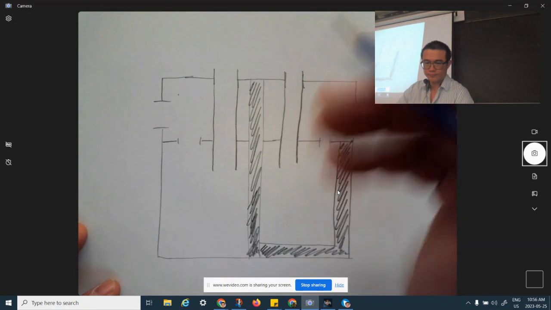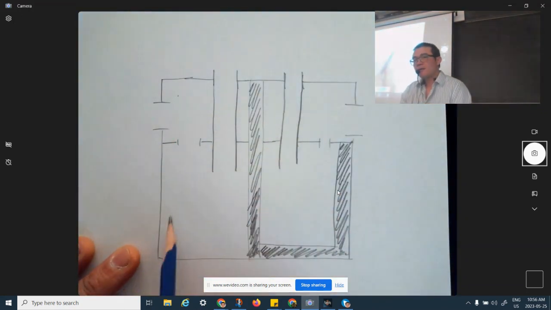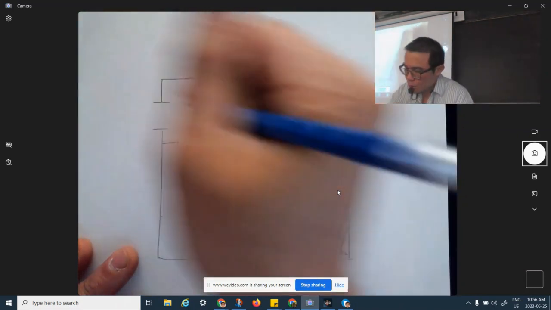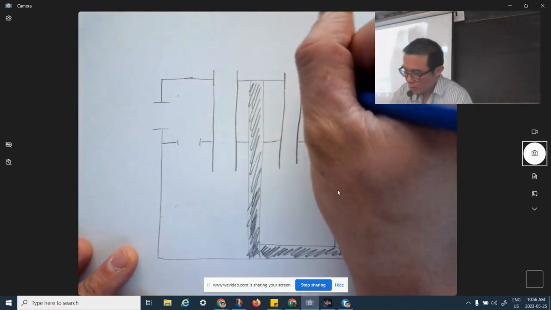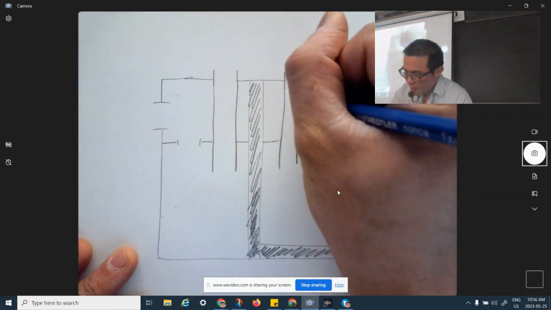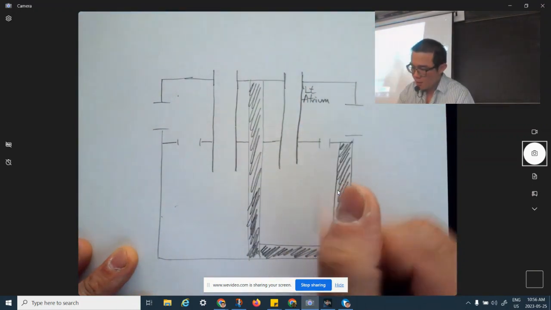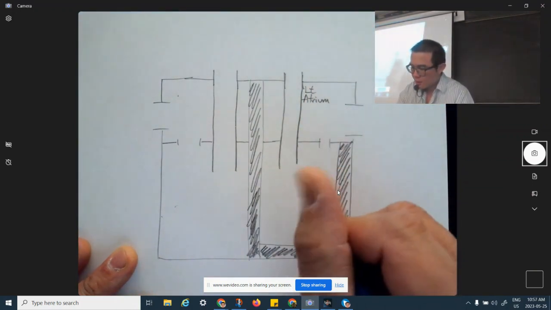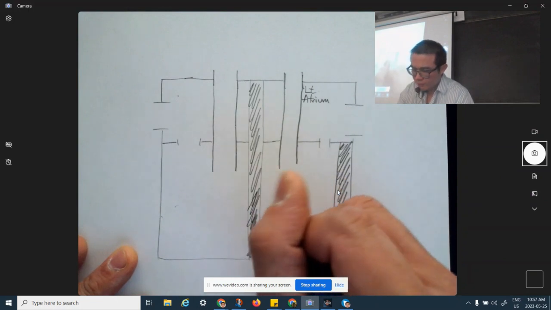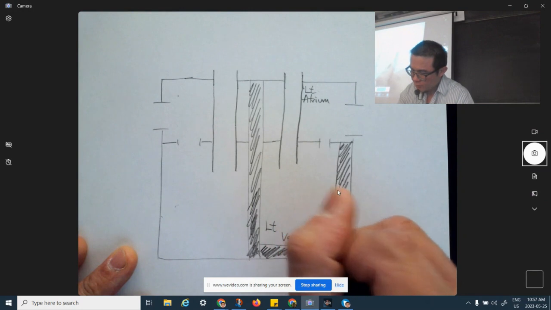Now, your heart is a four-chamber heart, four rooms. So we're going to start here: left atrium, LA. This will be left ventricle.